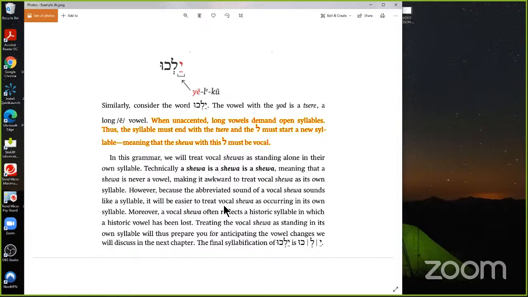The reason why it's not Yelchu is because the sere is a long vowel. When it's a long vowel, you're going to notice that it gets its own syllable as well, versus a short vowel.